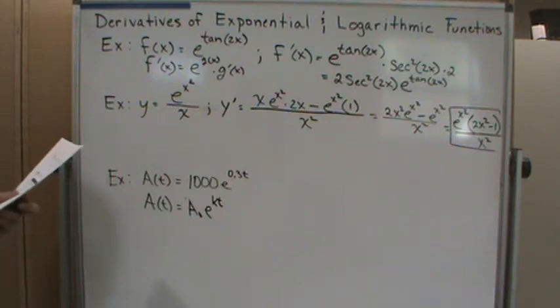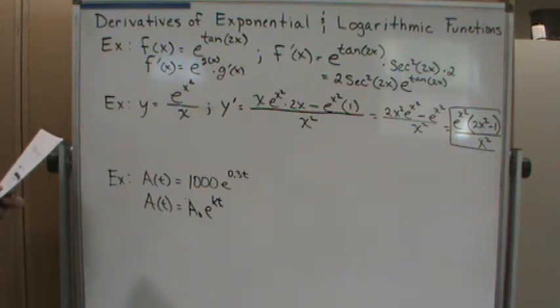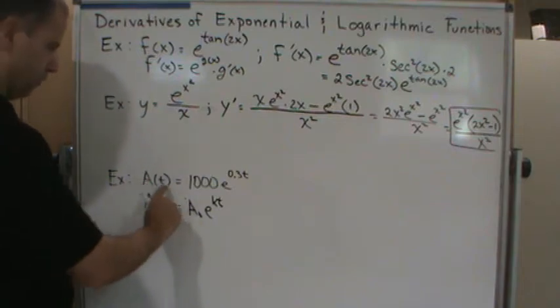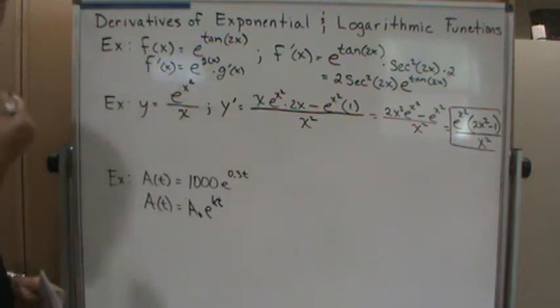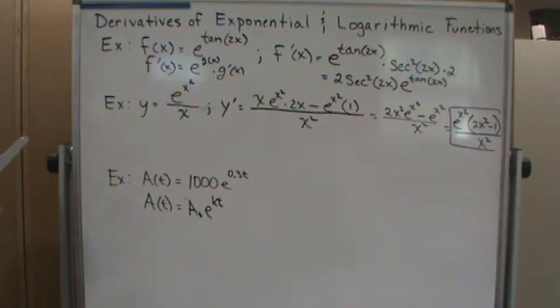So anyway, let's continue. It says, after t days, the population is given by this function here, 1,000 e to the 0.3t exponent.